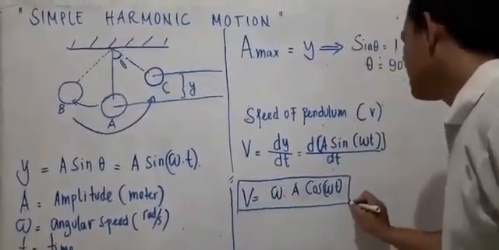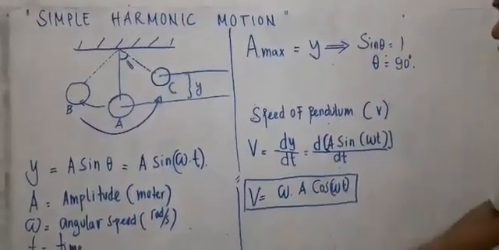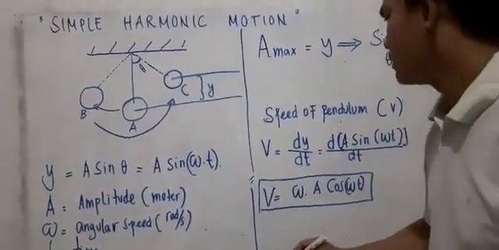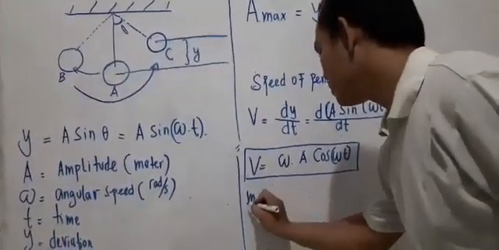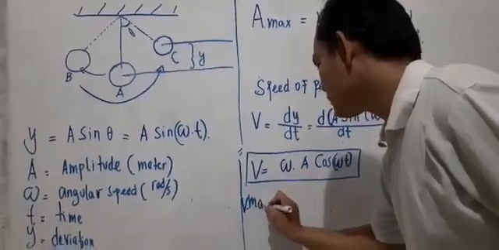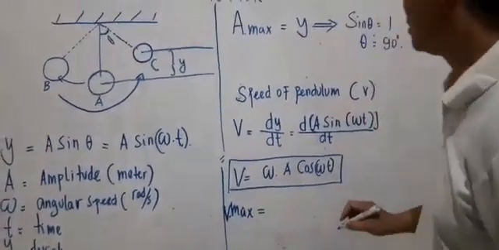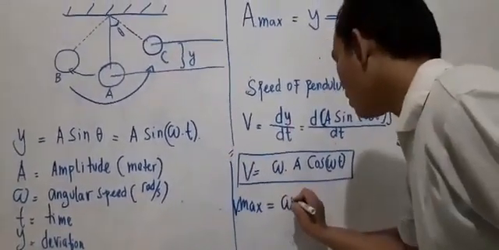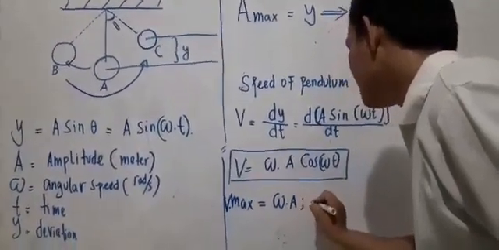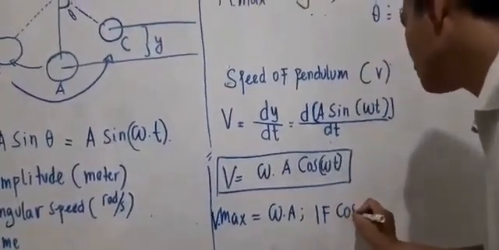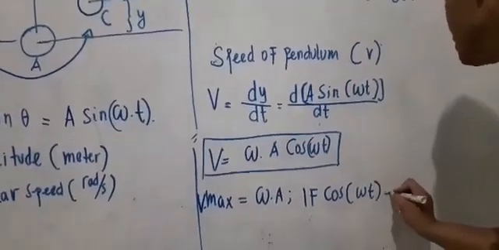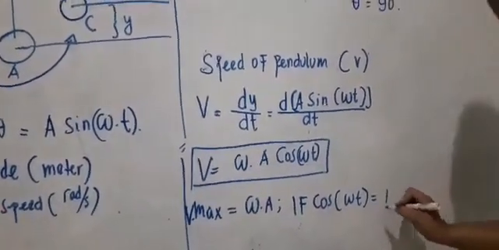What is the requirement to get the maximum speed? The maximum speed, or v max, is equal to omega times A if cos omega t is equal to 1. What does it mean?